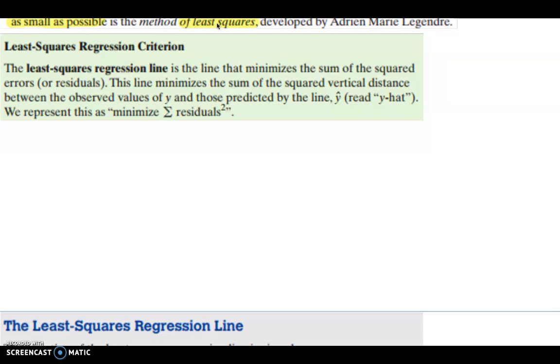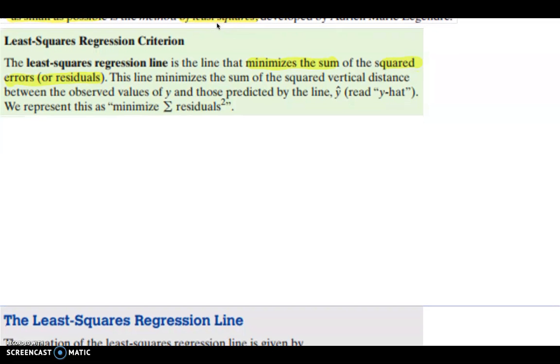But the least squares regression line is the line that minimizes the sum of the squared errors or residuals. The line minimizes the sum of the squared residuals, or the squared vertical distance between the observed value y and the predicted value, which we will call y hat. So whenever you see y, that's the observed. Whenever you see y hat, that's a prediction.